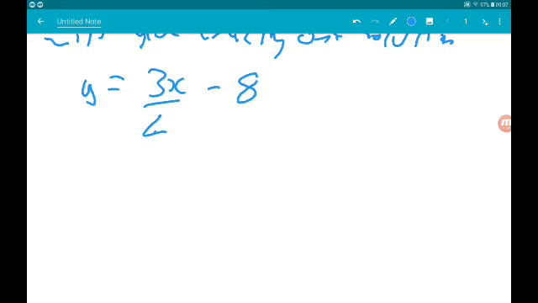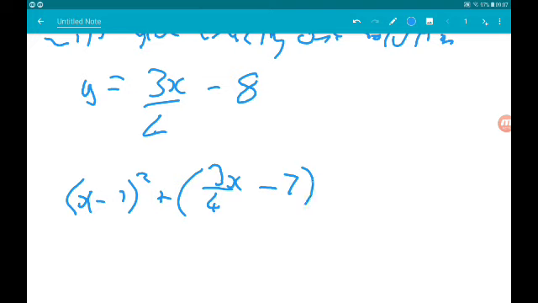So, now the circle is (x - 1)² + (y + 1)² = 25, where y is 3/4 x - 8. So we get 3/4 x, then we've got minus 8, but plus 1, so that's going to give us minus 7, all squared. We know that is 25.